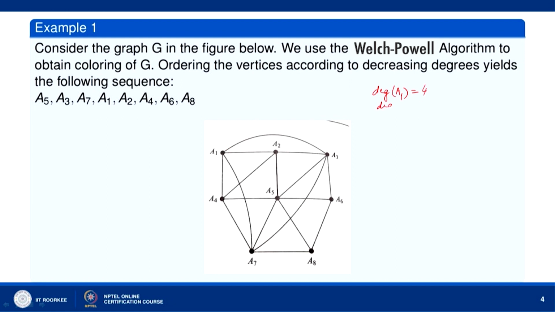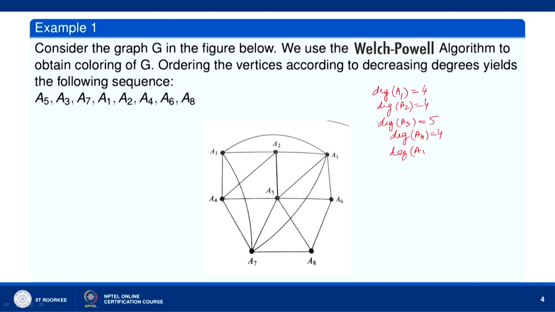Degree of A2 is 1, 2, 3, 4. Degree of A3 is 1, 2, 3, 4, 5. Degree of A4 is 1, 2, 3, 4.